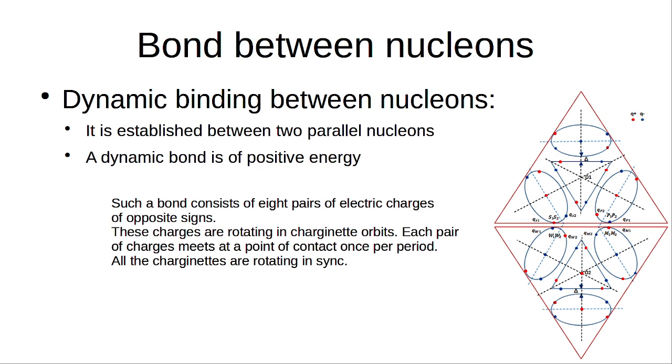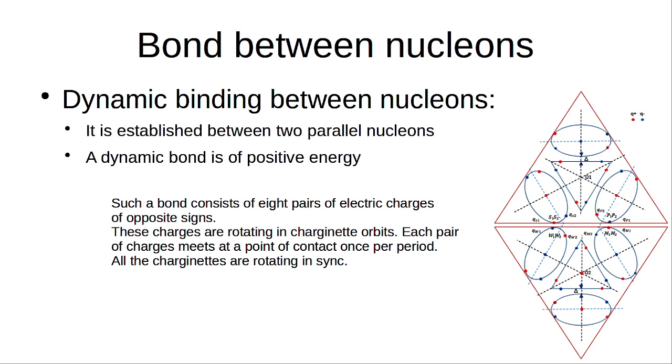Bond between nucleons. Dynamic bond between nucleons. It is established between two parallel nucleons. A dynamic bond has positive energy. Such a bond consists of 8 pairs of electric charges of opposite signs.